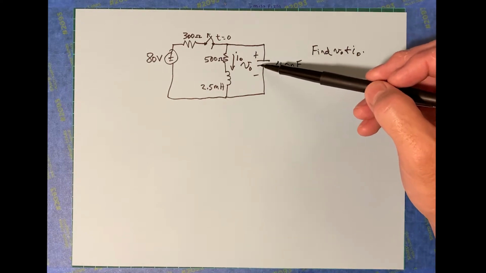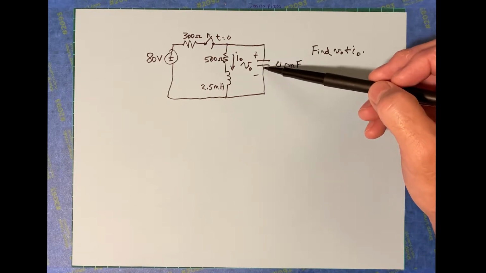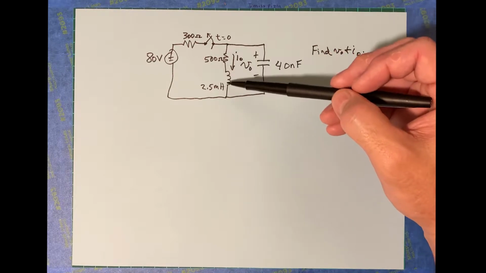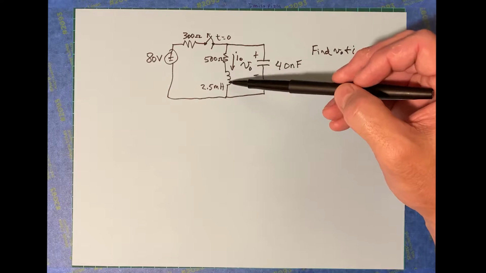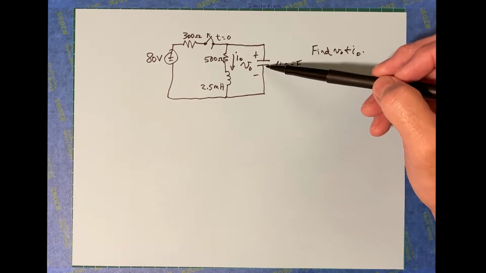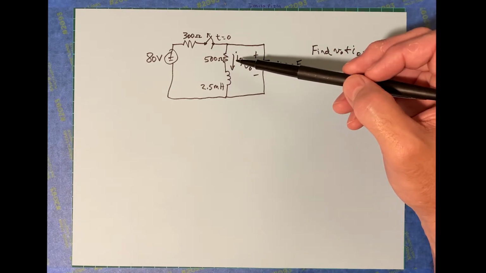Since there's no current flowing over on this side, the potential across that has to be the potential across those two nodes right there. And remember, after a long time, this behaves like a piece of wire, so the voltage across this is equal to the voltage across that 500 ohm.